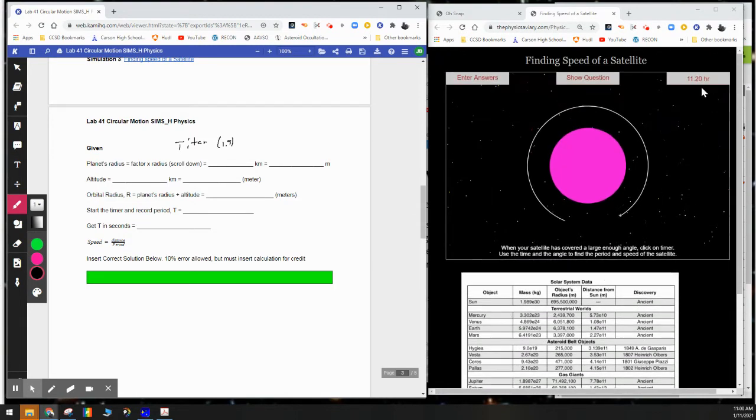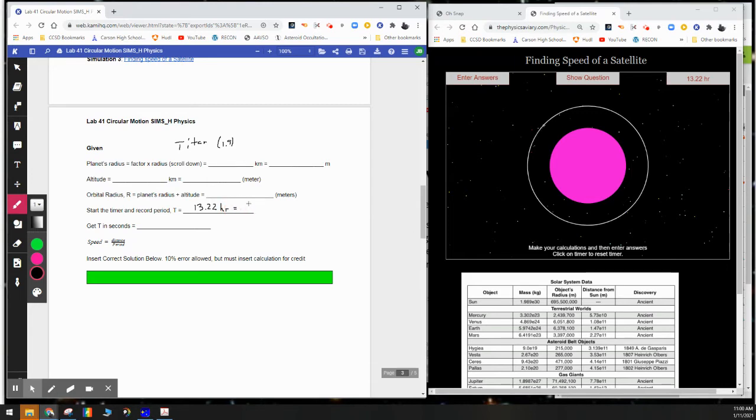Let's go ahead and do this first. As soon as I make one revolution, I'm going to hit pause or stop. And boom. All right, good. So the period is 13.22 hours. But we do need to get this into seconds.